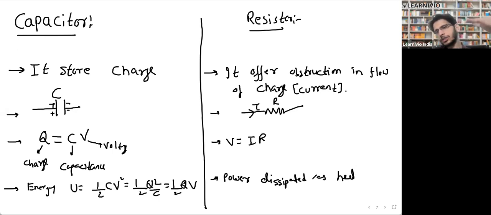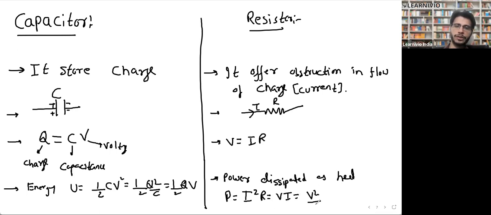When current passes through a resistor, a part of the electrical energy gets dissipated as heat, and we calculate that power. There are various expressions: I square R, VI, or V square by R. So this is the comparison between capacitor and resistor.